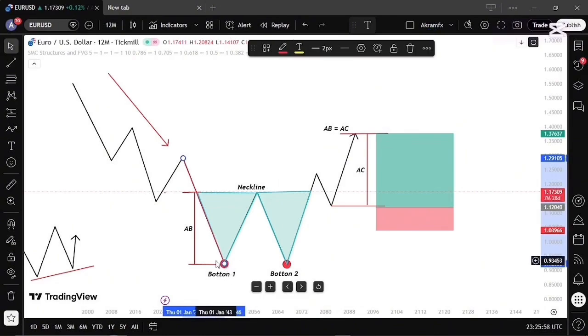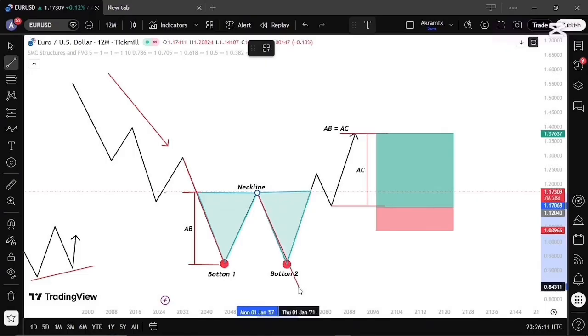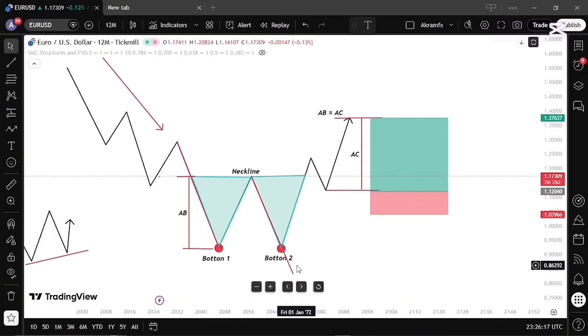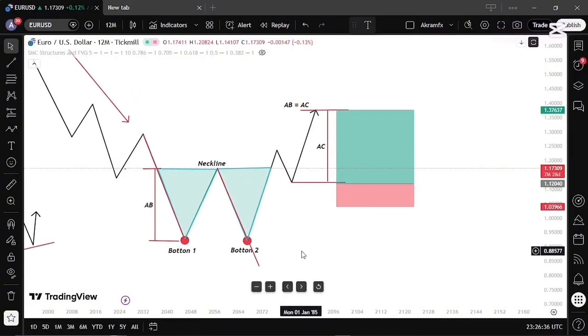On making the first lower low, we expect prices to form a lower high, which it did, and then we want to see price move lower than this level to make another lower low. But prices never managed to do that. Prices came back to test the same low again, but instead of breaking lower, buyers stepped in again and pushed prices up.